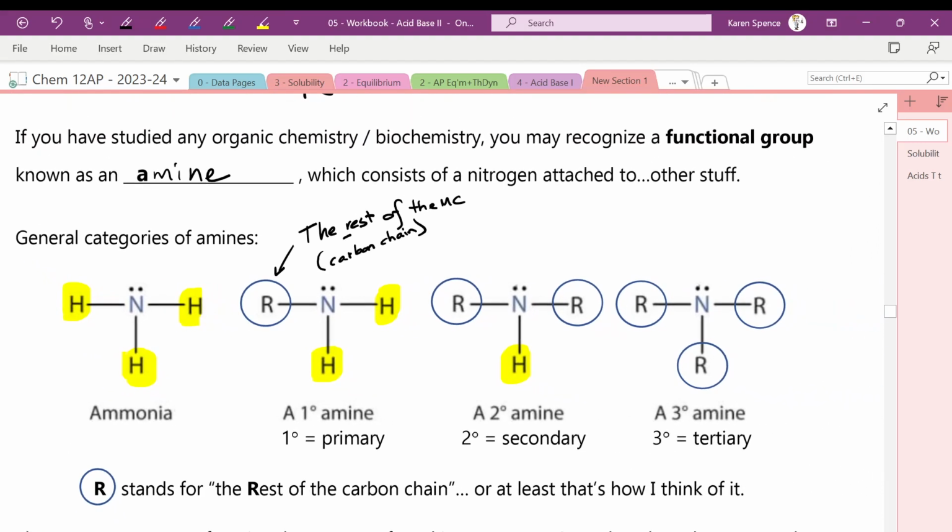And if you have an N with 3 carbon chains attached to it, that is a tertiary amine. Do you need to know what all those are called? No. You just need to know that amines come in different flavors. So if you see H's, or if you don't see H's, it's okay.